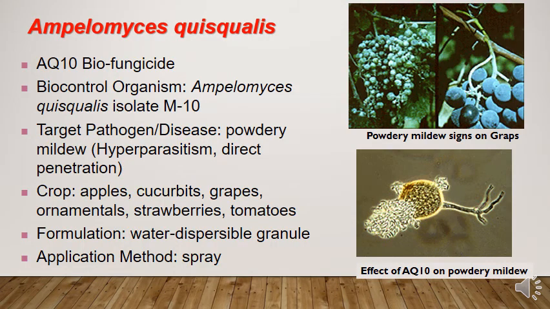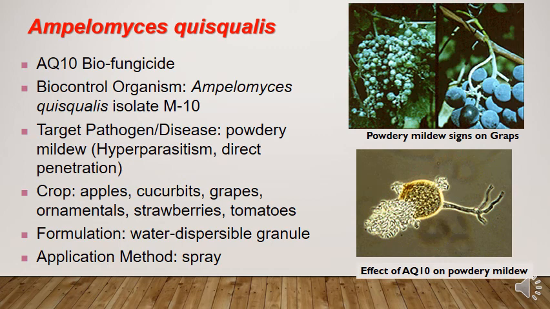One of the biopesticides in the market is Aq10 biofungicide. It includes the biocontrol organism Ampelomyces quisqualis isolate M10. This biological agent can affect powdery mildew through hyperparasitism and direct penetration.